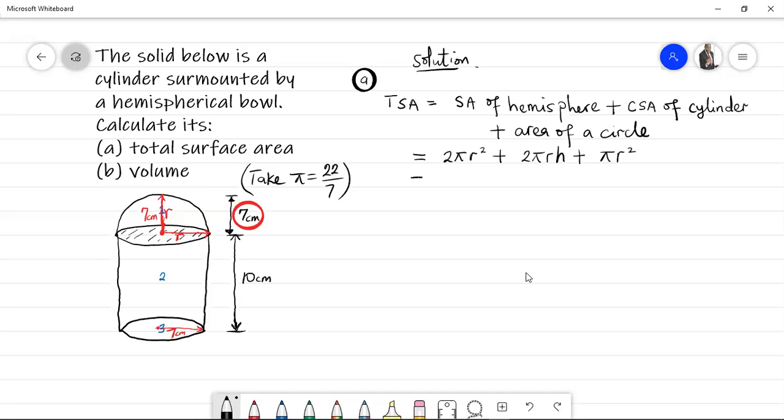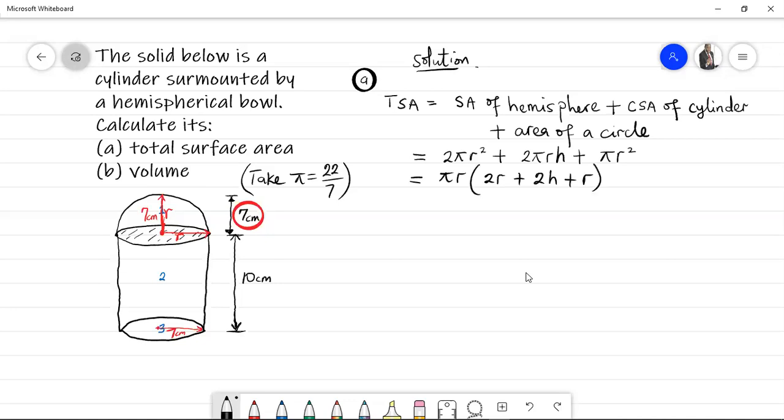You can solve it one by one, or you can just factorize to make it easier. You have pi common, you have r common. So I can bring pi r out, open a bracket. This will remain 2r, plus this will remain 2h, plus this will remain just 1r.